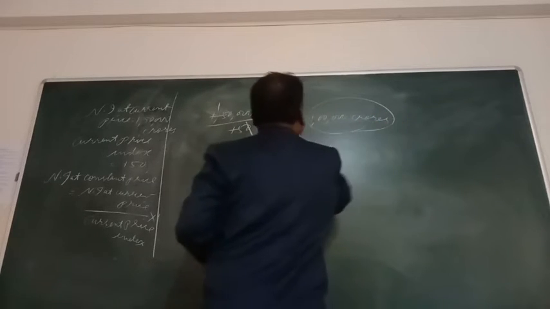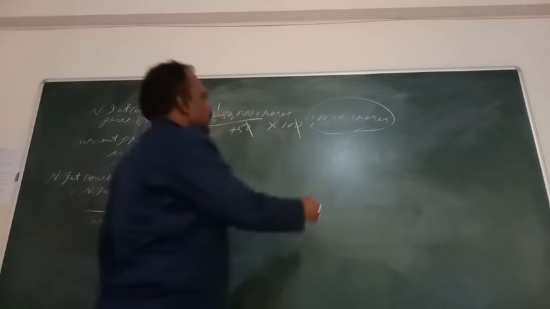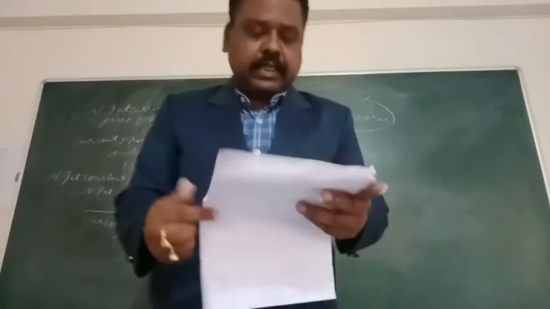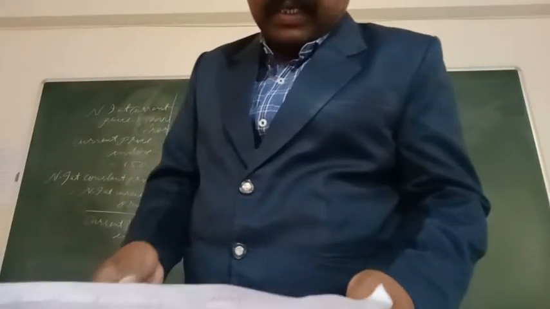So now the answer is: national income at constant price is 1 lakh crores. This is the answer according to the formula.